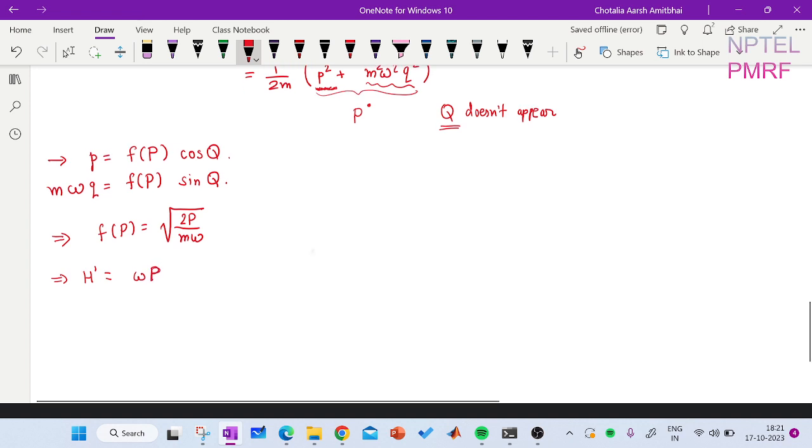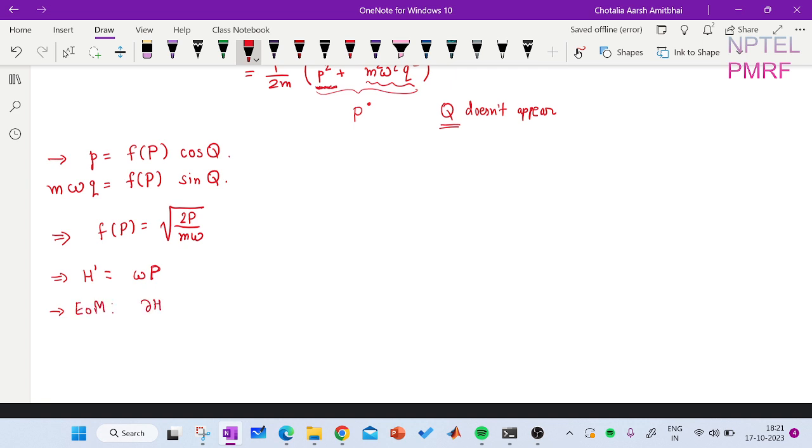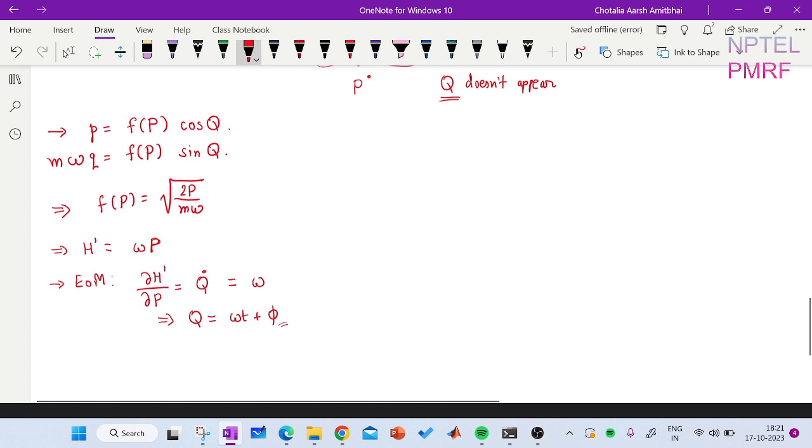And then we can use the equation of motion, which is del S prime by del p equal to q dot, that is just omega, which means q is equal to omega t plus phi, where phi is some initial phase. Let me call it phi naught.